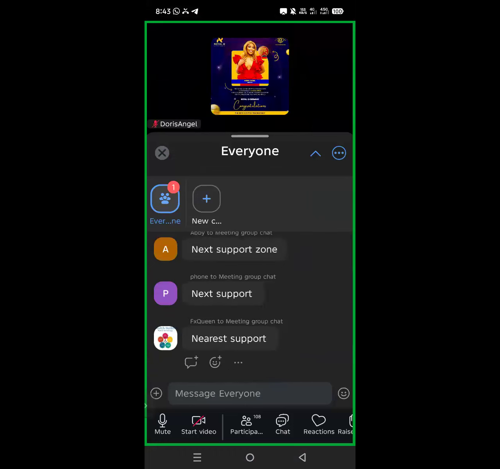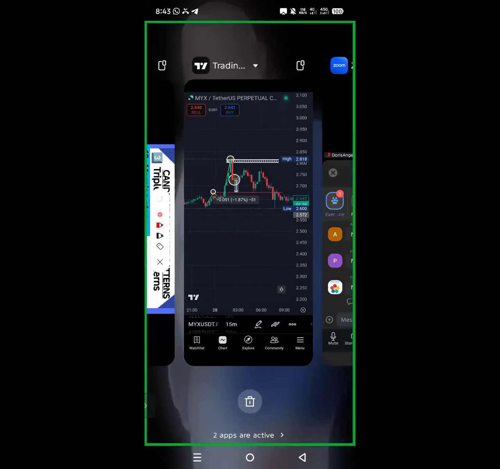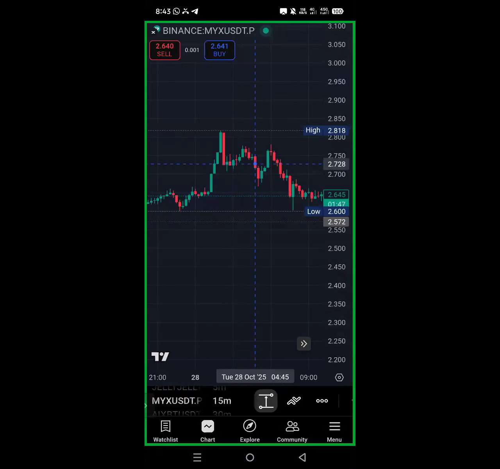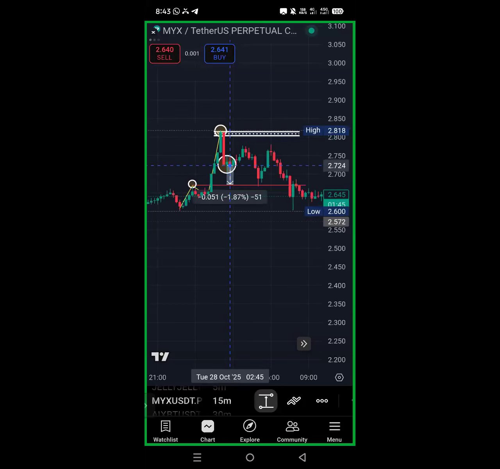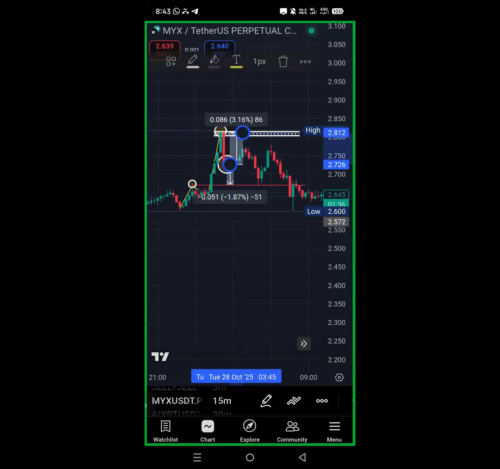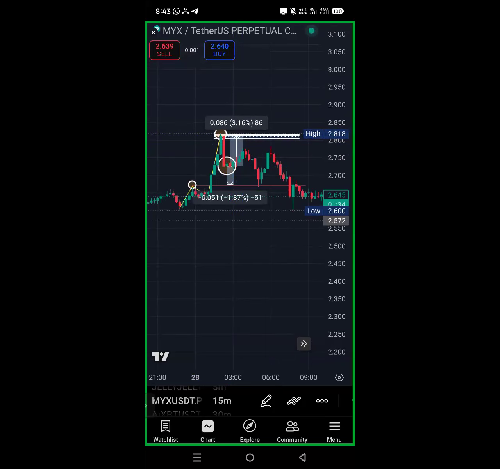To the nearest resistance. Immediately we make entry, we measure to our resistance. That will be our margin call drop.